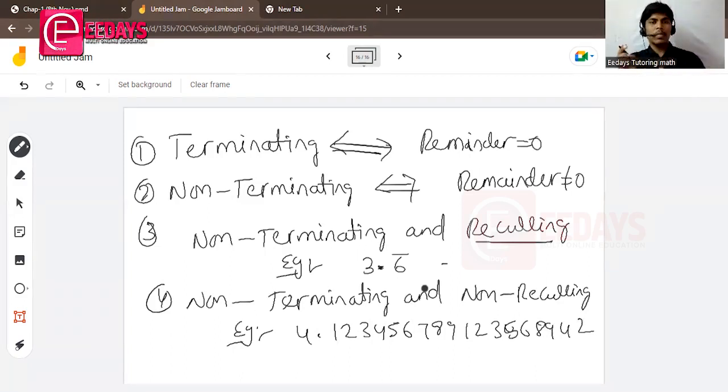So we are getting different numbers and there is no end. It is continuing like this. We are not able to put a bar, as we did in the previous one. That's why we call it non-recurring. These are the types we already discussed.